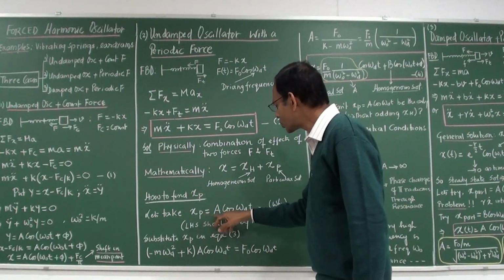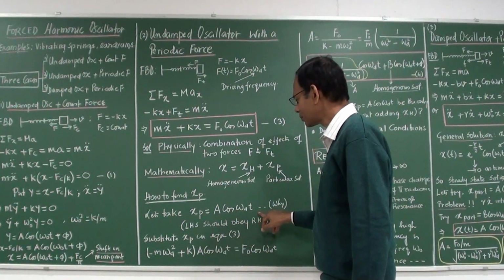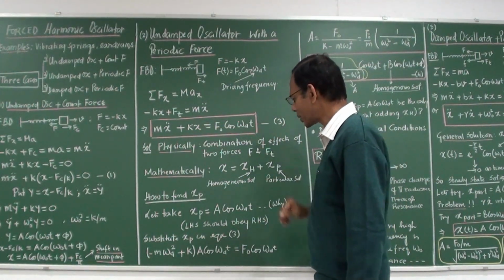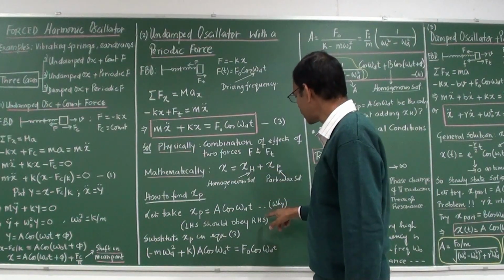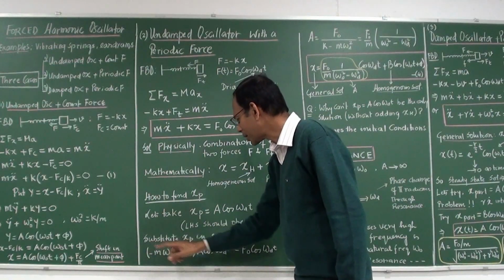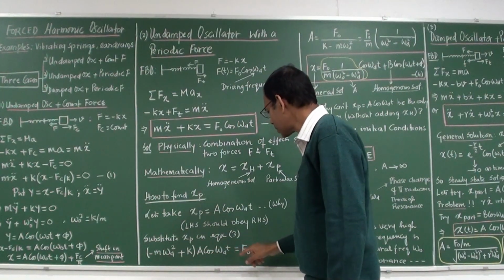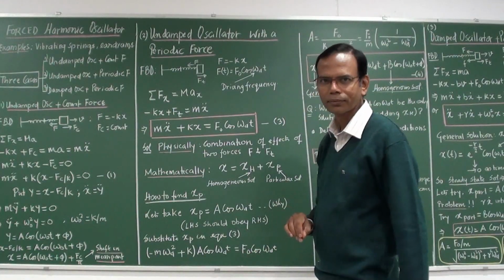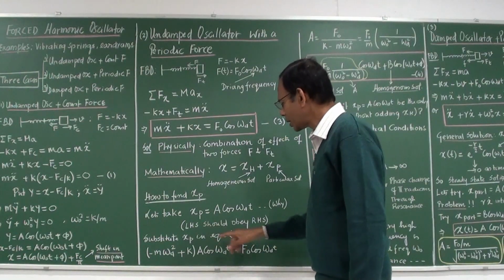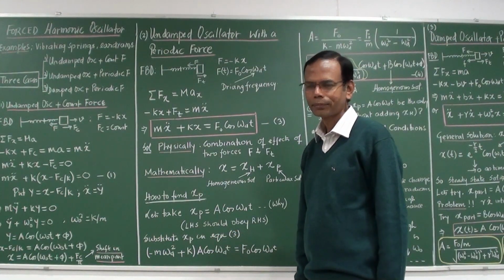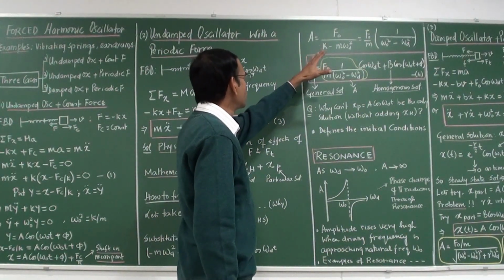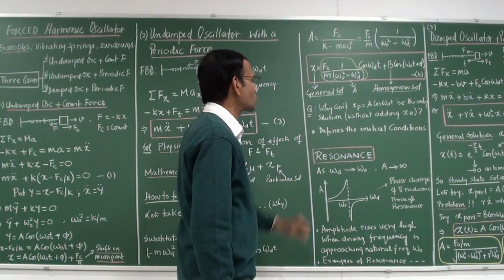So we take x equal to A cos omega_d t and substitute this back into the equation. When you substitute it, it gets double differentiated, so you will get (minus m omega_d square plus k) A cos omega_d t equal to F0 cos omega_d t. Cos omega_d t cancels out, and you get the value of A. The value of A is F0 by (k minus m omega_d square).